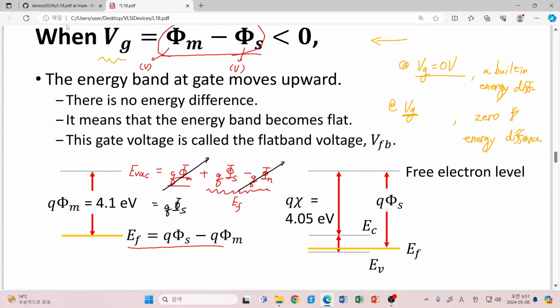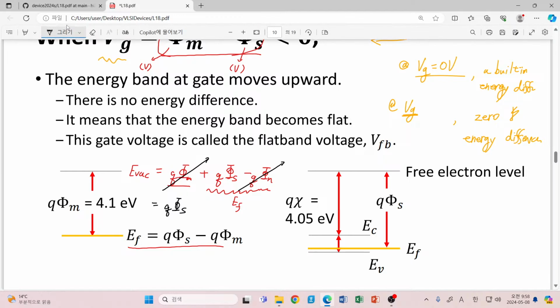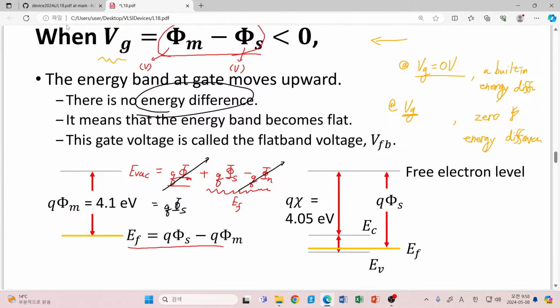So simply speaking, if we have such a condition corresponding to roughly -1 volt of gate voltage, then the energy difference becomes cancelled out, and it means that our band diagram will become just flat. I mean, which one is flat?